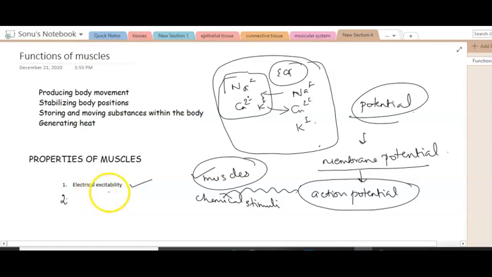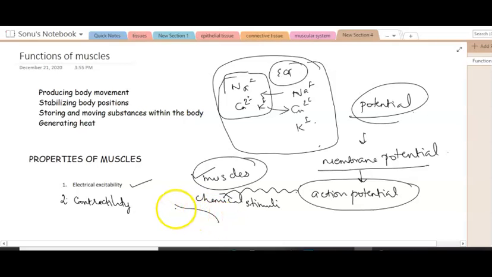So what happens when it gets excited? It will contract. So the next property is contractility. Contractility means the ability of the muscle to contract forcefully when it is stimulated. That is, it generates a tension or force while pulling on its attachment point.